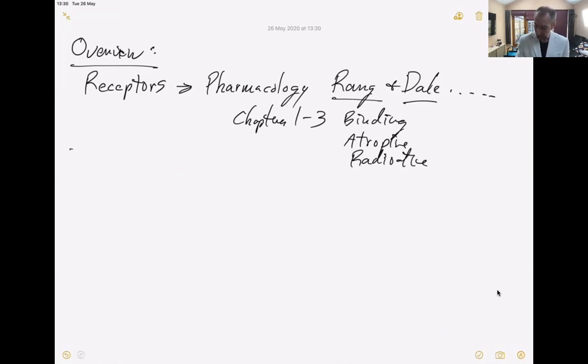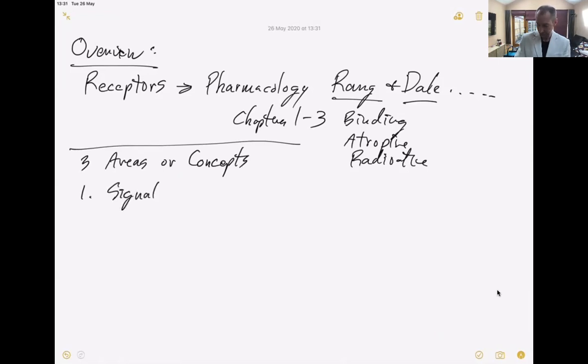The way I'm going to do this now is a little more non-traditional. I'm going to cover 3 areas at different levels, different concepts. The 3 areas are as follows. One's going to be at the level of signal transduction.